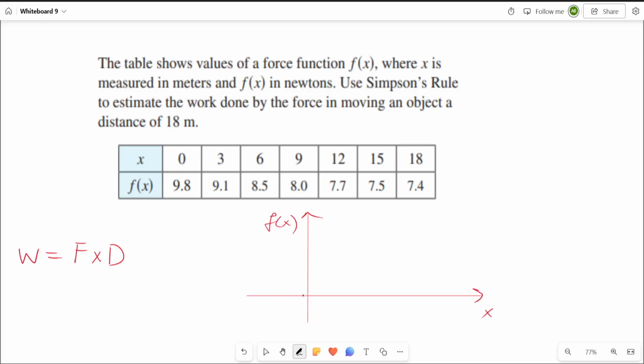The first point is 0 and 9.8, the second point is 3 and 9.1, and so on. I will find a graph that looks like this, and I will need to evaluate it from 0 to 18. The area under the graph is basically y times x, or f of x times x, which is force times distance, which is work. So the area under the curve is going to equal the work.